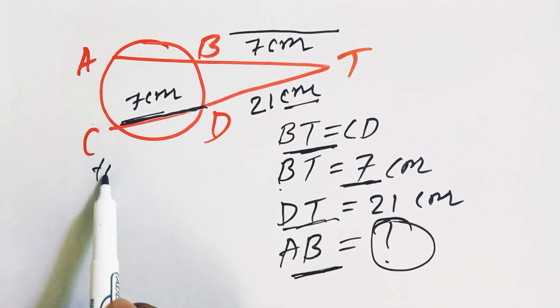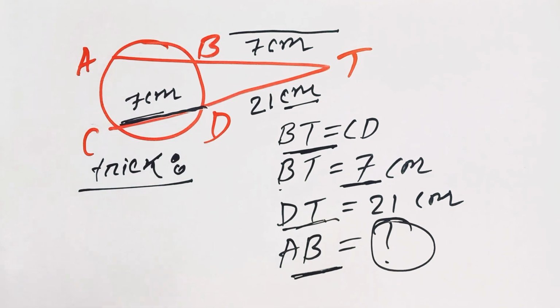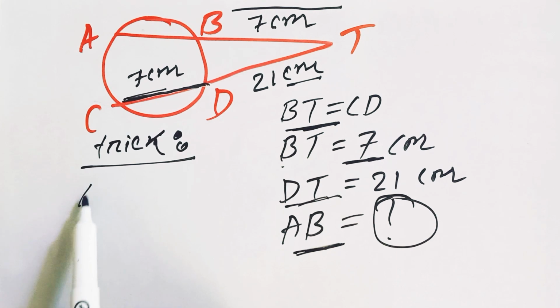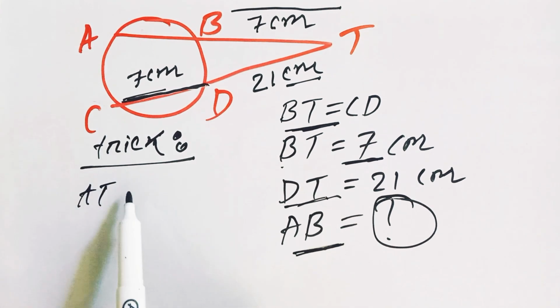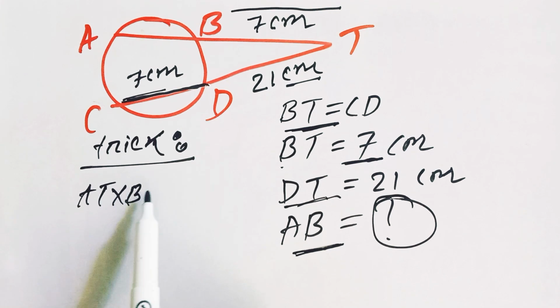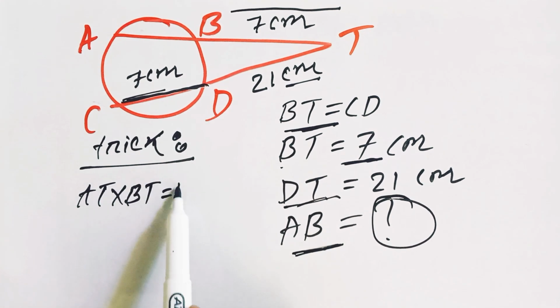So the trick is AT into BT equal to DT into CT.